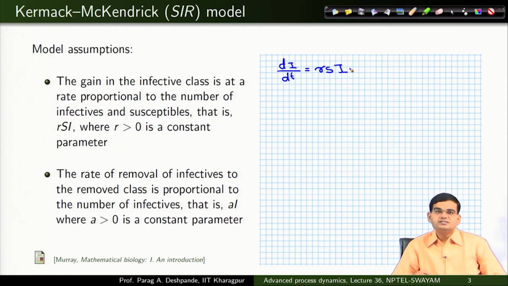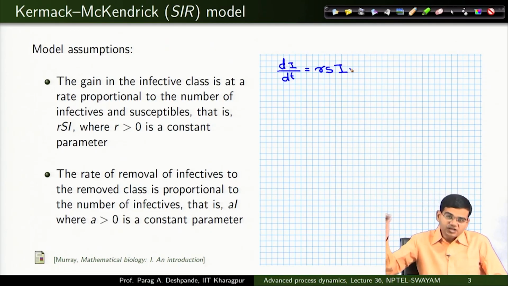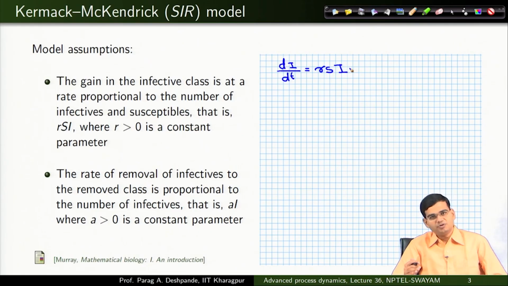Now, as more infectives are present, since infectives will subsequently become removed ones by recovery, by death or by any other mechanism, you can say that the outflux from the compartment I would be directly proportional to the number of members in I itself.